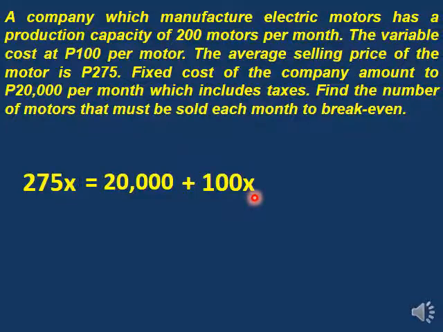Okay, now let's compute the X. Then we say that the least number of motors to be sold is 143. If we sell less than 143, then we lose in our income. So take note also that if your X is greater than 200, then this business is not profitable because we cannot sell more than 200 motors, because the production capacity is only 200.